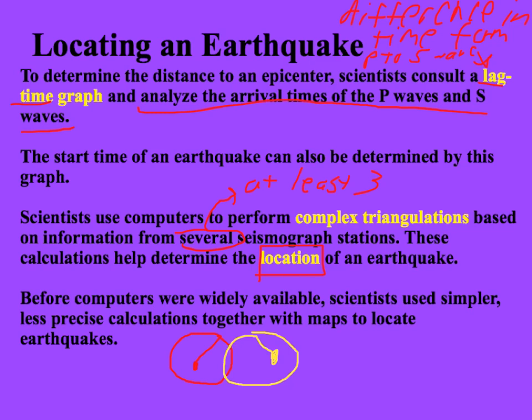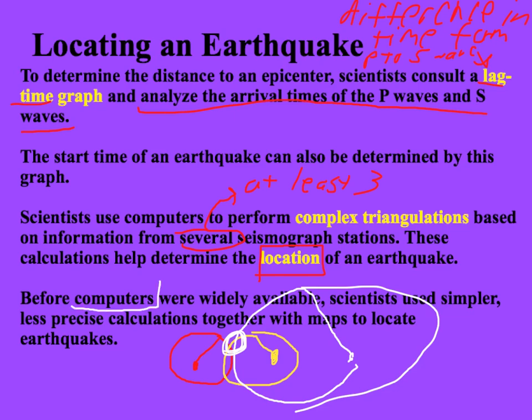It can either be right here or right there. And then if we have a third city, we can then find out how far away, and this area right here is where all 3 circles meet, and that could be our epicenter. Computers have helped immensely because now we don't have to rely on people trying to draw circles.